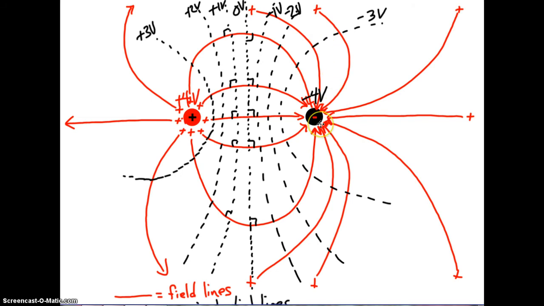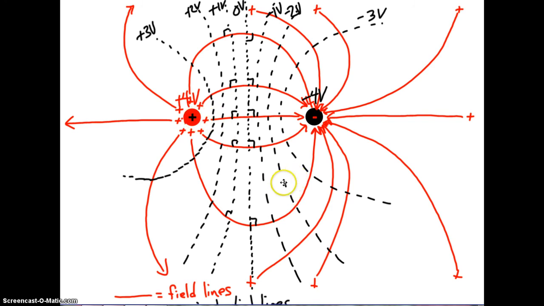And what you end up discovering here is that the potential difference between these 2 charges, either way you go, if you go negative 4 minus positive 4, that is a potential difference of negative 8. Well, if you start at that negative charge, 1, 2, 3, 4, 5, 6, 7, 8.